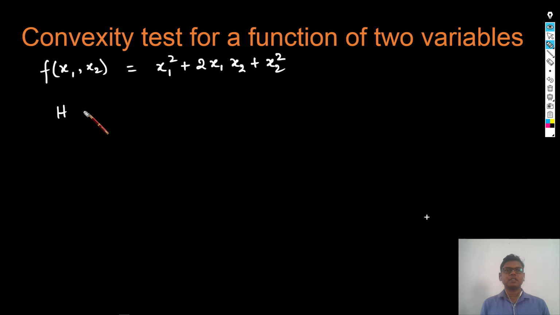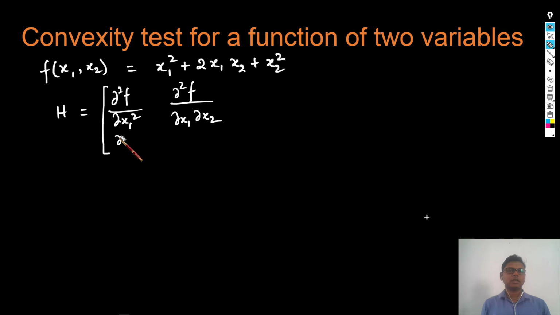The Hessian matrix is defined as del 2 f upon del x1 square, then del 2 f upon del x1 del x2, here del 2 f upon del x1 del x2 and del 2 f upon del x2 square.